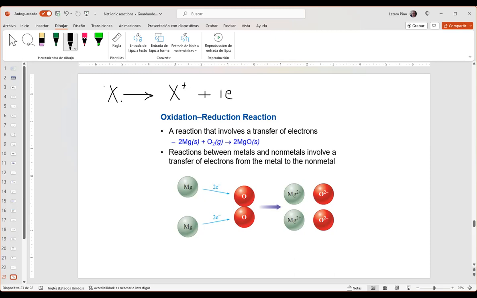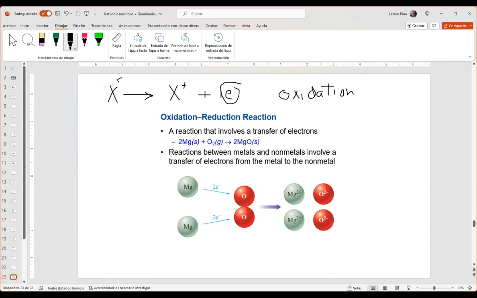In this case, we say that the process is oxidation. Why? Because electrons are lost.